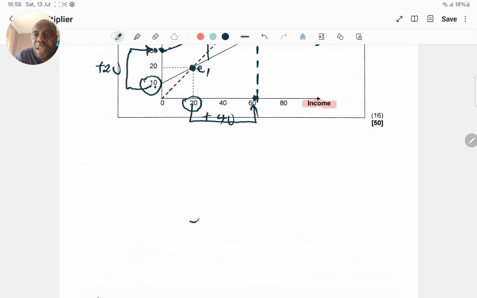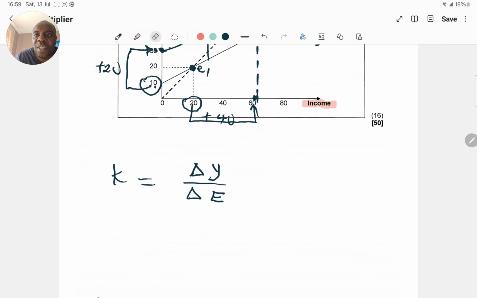K is equal to change in income divided by change in expenditure, or change in injections. So the small little triangle represents change. Change in income divided by change in expenditure.